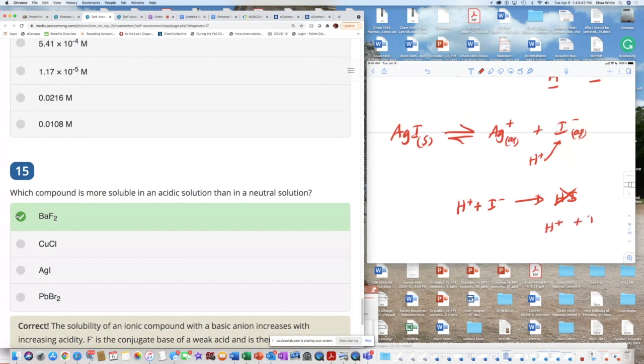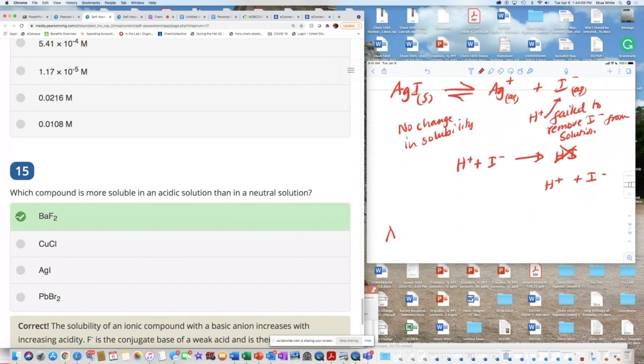H plus and I minus remain separate. H plus failed to remove I minus from solution. So it's like nothing ever happened. No change in solubility.